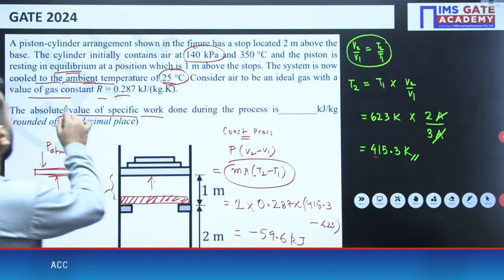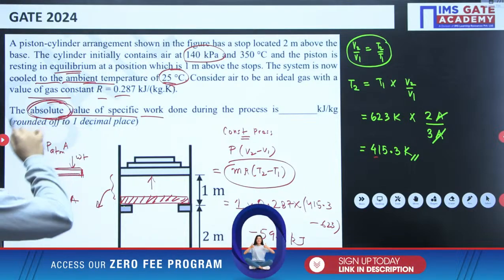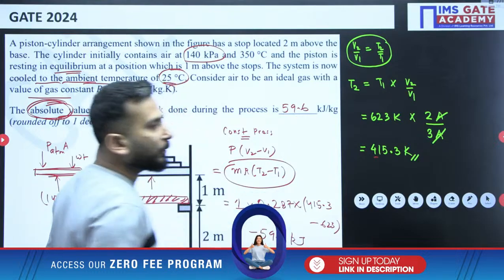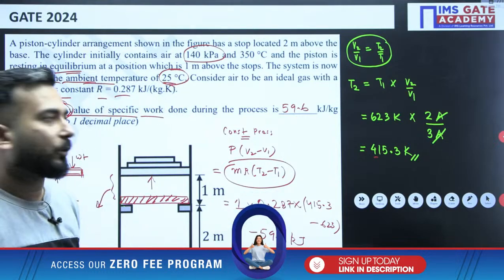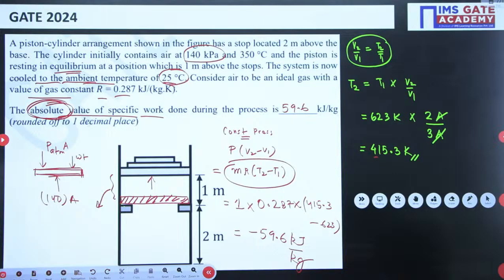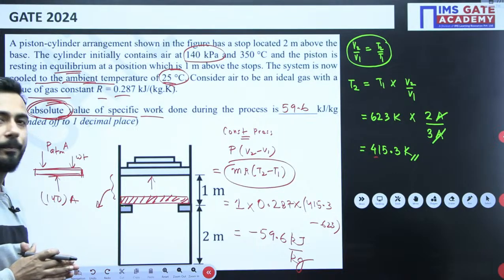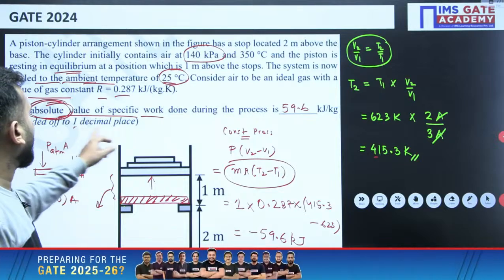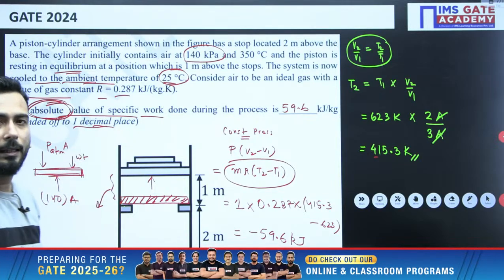But he is asking the absolute value, so simply the value will be 59.6 kilojoule per kg. So this is going to be your answer, right? One decimal place, so we will keep it 59.6.